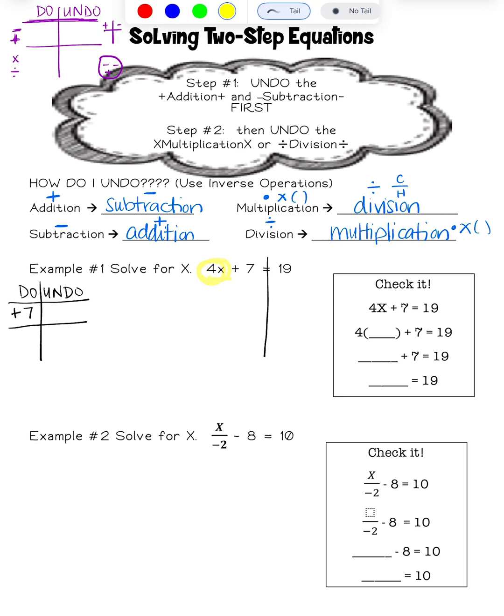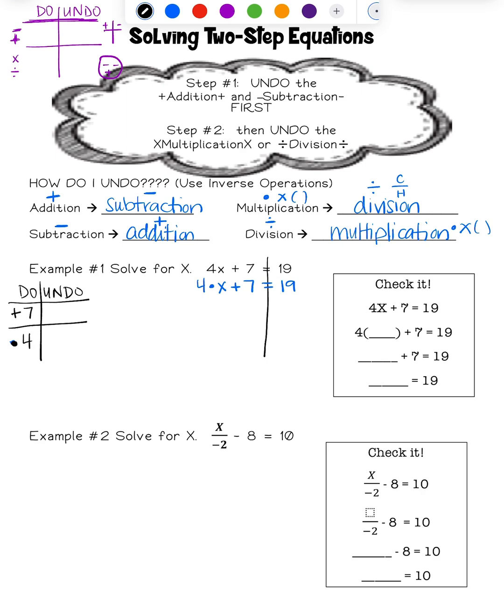Yes, we learned that when a number and a letter sit side by side, that is actually multiplying. So I'm going to rewrite this as 4 times X plus 7 equals 19. So all I did was rewrite my problem so that instead of it being side by side, I actually put the multiplication symbol in there. And then on my do chart, I'm going to say, oh, they multiplied by 4, okay? So we have written down what they are doing.